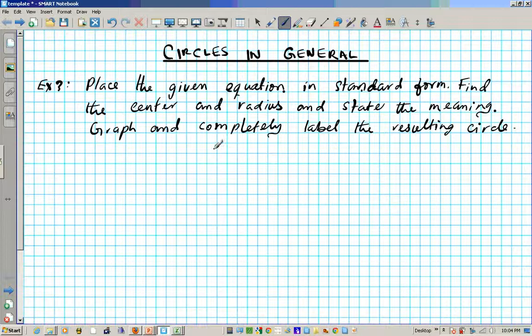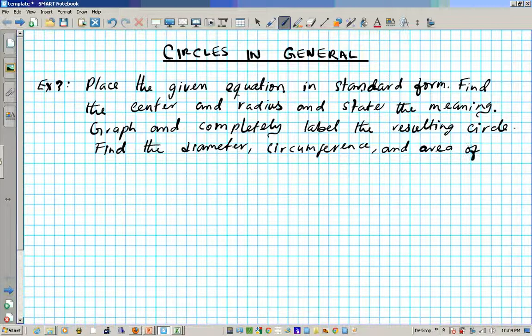And then after graphing and labeling the resultant circle, find the diameter, circumference, and area of the circle. Okay?